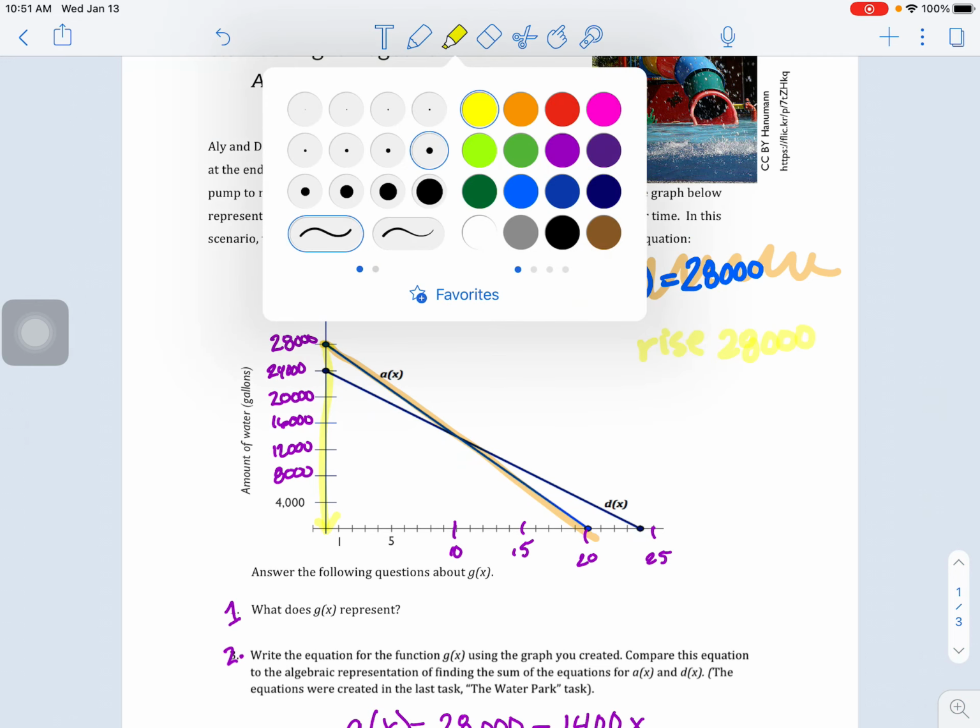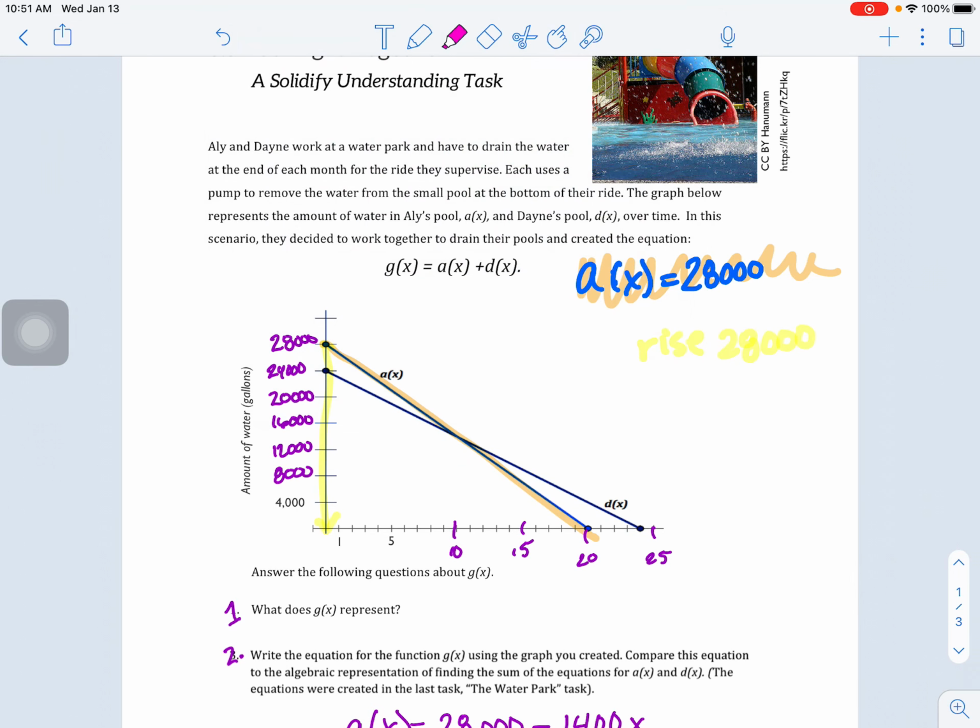How long did it take her to drain those 28,000 gallons? A total of 20 minutes, so her run was 20 minutes. Her slope is 28,000 gallons divided by 20 minutes.